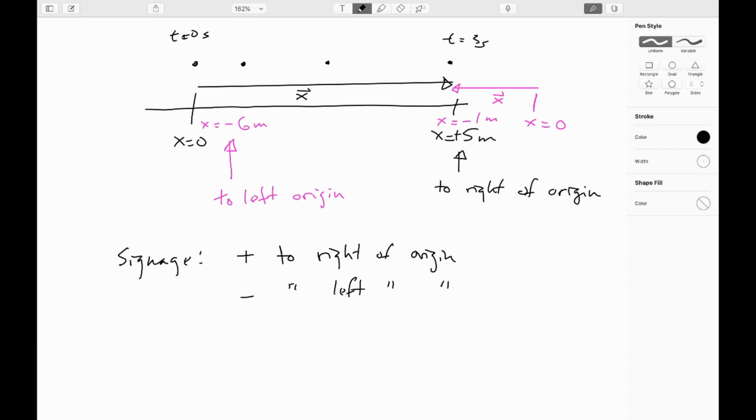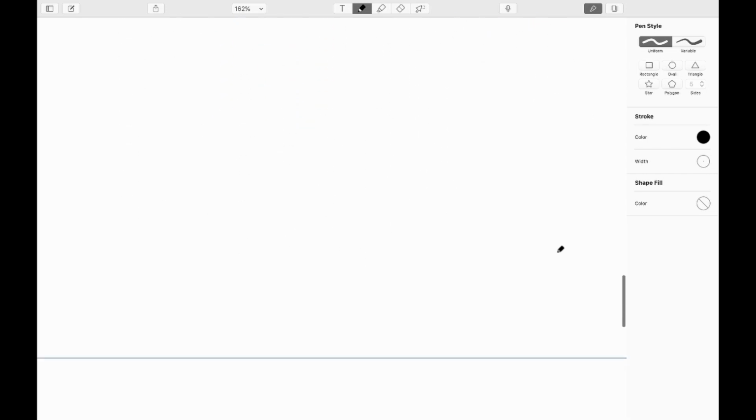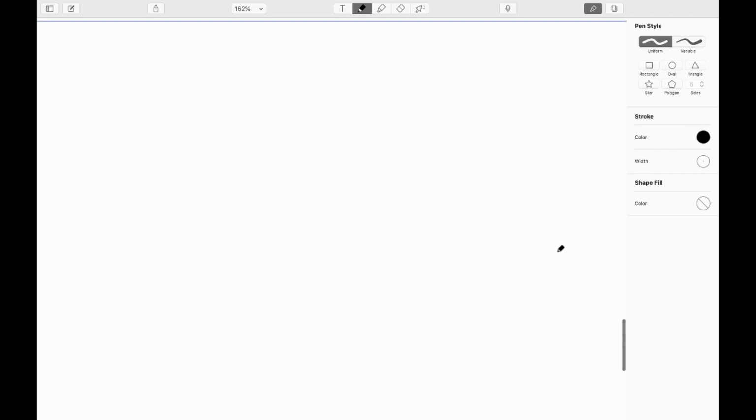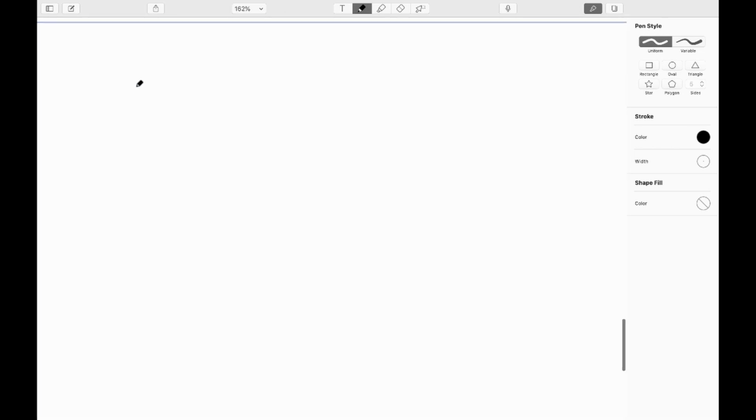Okay. So with that, we can go into coming up with a definition for displacement. Now, displacement is kind of just a segue to coming up with a better definition, a definition of velocity, but it's an important step.